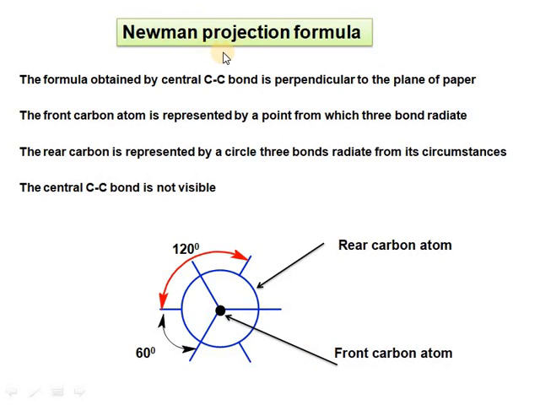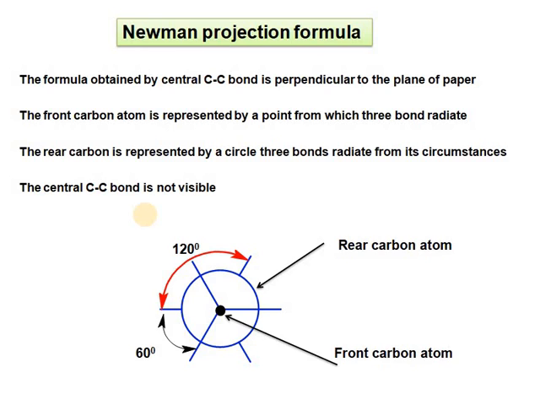Now we discuss the Newman projection formula. The Newman projection formula can be drawn for molecules having two or more carbon atoms. The formula can be drawn by projecting the molecule such that the central CC bond is perpendicular to the plane of the paper. The molecule is viewed along the CC bond axis, and hence the rear carbon atom can be seen as covered by the front carbon atom.